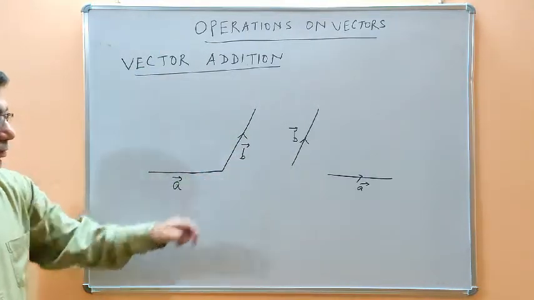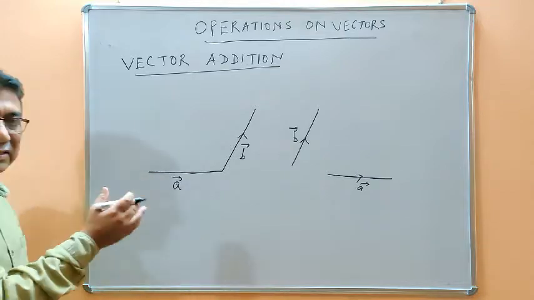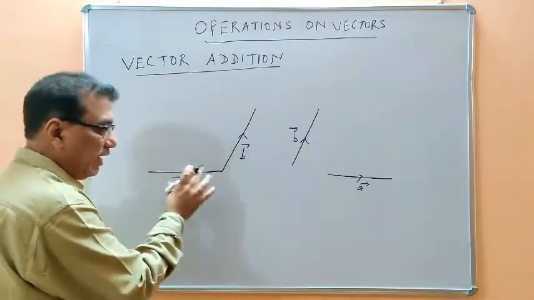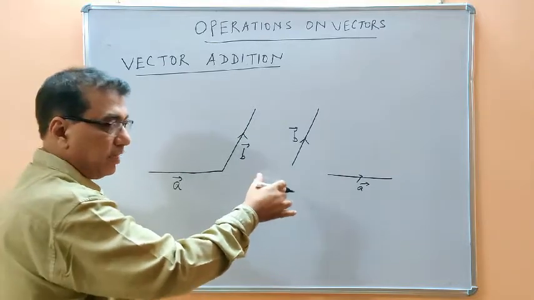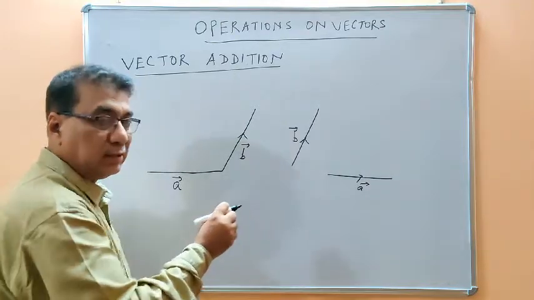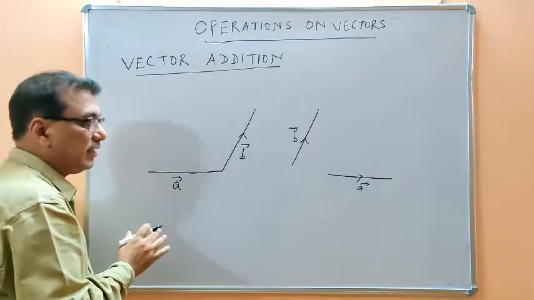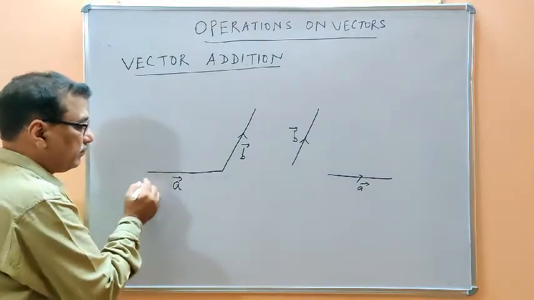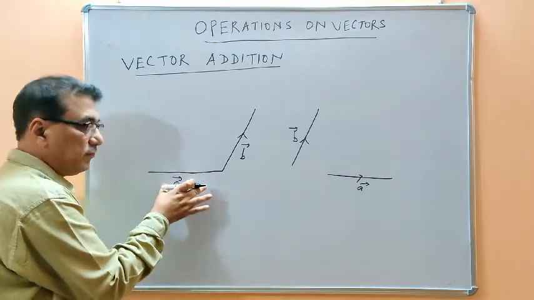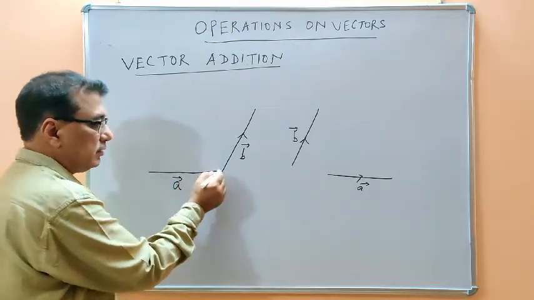Now the concept behind this shift is that we have to arrange these two given vectors, the vectors which are to be added. So we have to shift in such a way that the terminal point of the first vector A, okay, this is the terminal point.